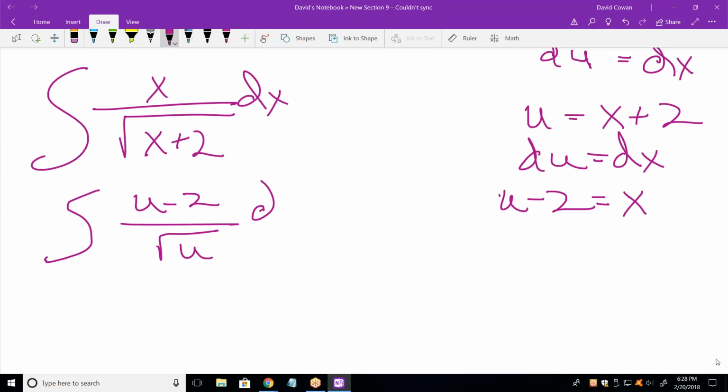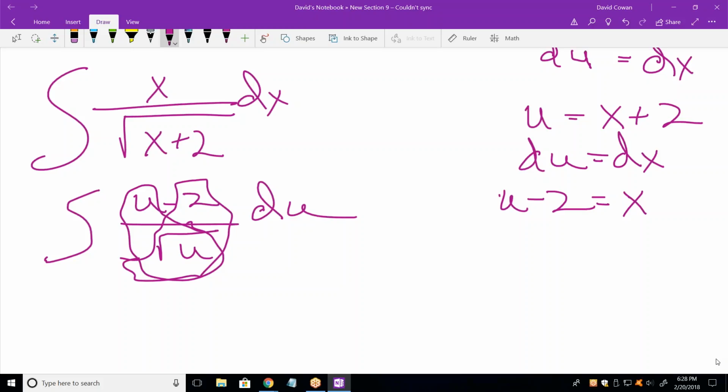Right. And that's du. Now, I've got that same problem where I can split it up into two fractions and integrate two different integrals using just the power rule. You want me to finish it?